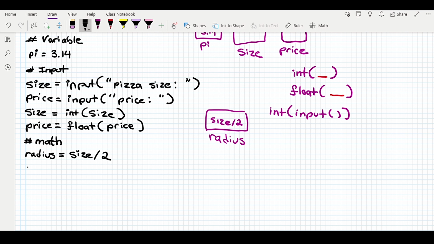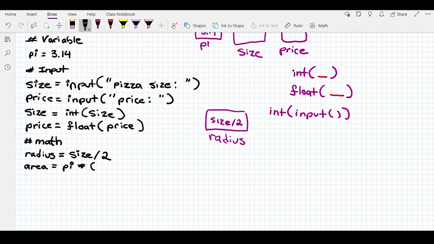Let's make another variable. That's a funny word to say sometimes. Let's make another variable called area. And area is going to be equal to pi, which is the variable that I made earlier, so the value of pi, times. Now, some people did the squaring of the radius differently. I'm going to show one way to do it.